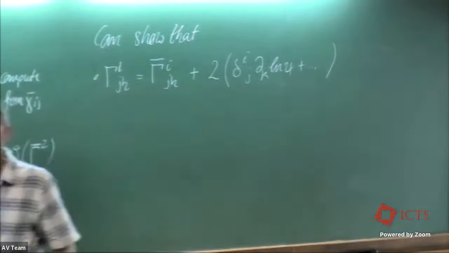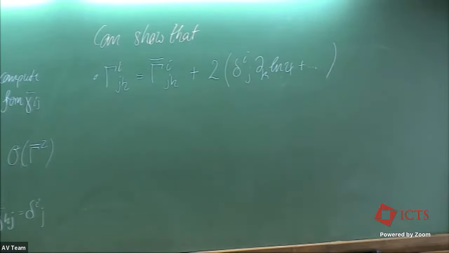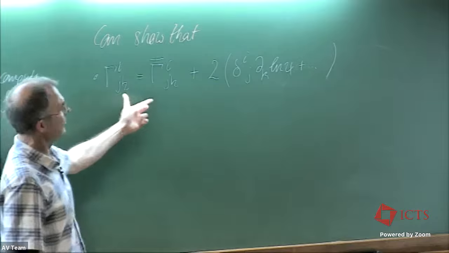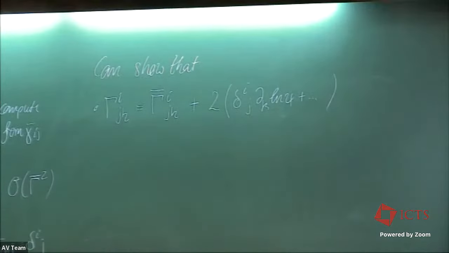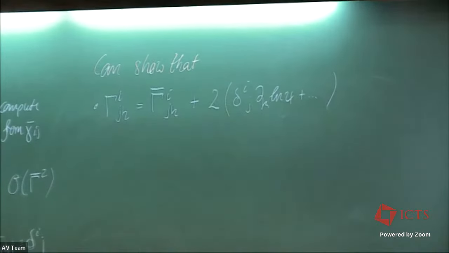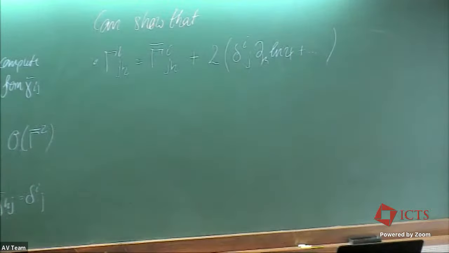Okay, so this is something you can do in the tutorial. You can check that and verify that. But it's clear where that comes from, right? Because these Christoffel symbols are just derivatives of the metric. When we write one metric as a conformal factor and another metric, then we use the product rule, and we get those two sets of terms. Make sense?